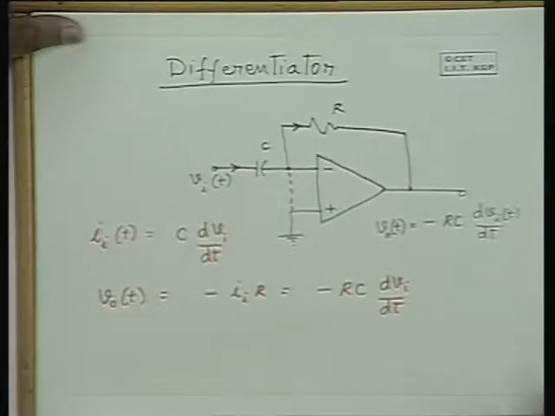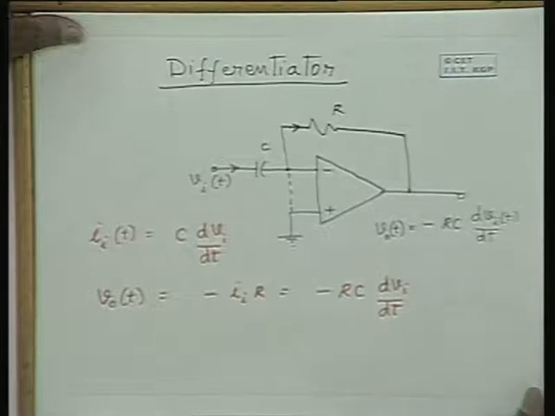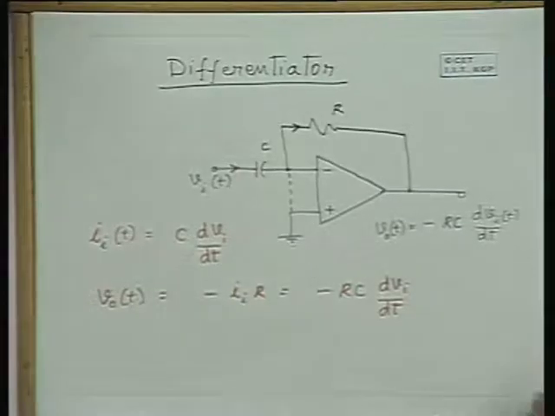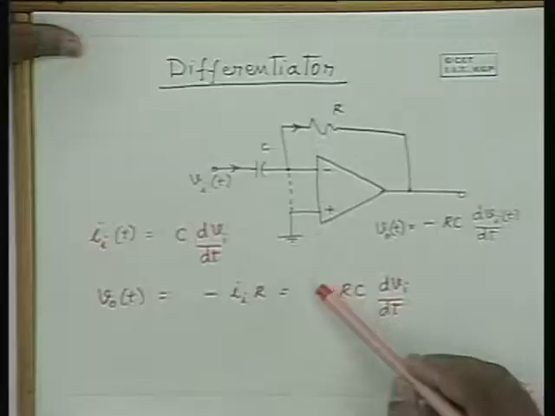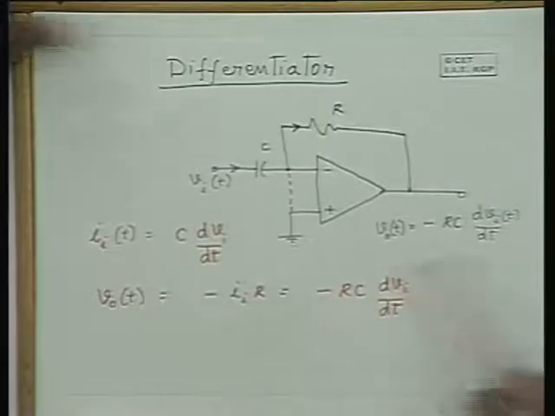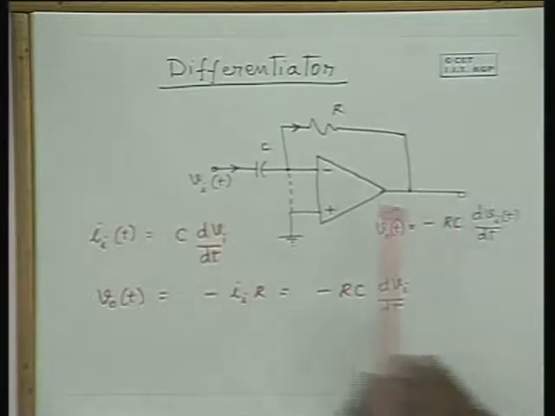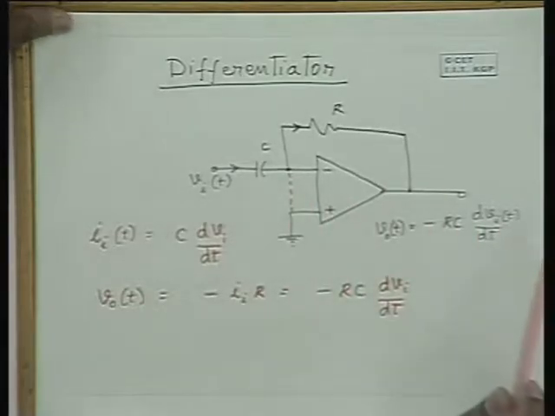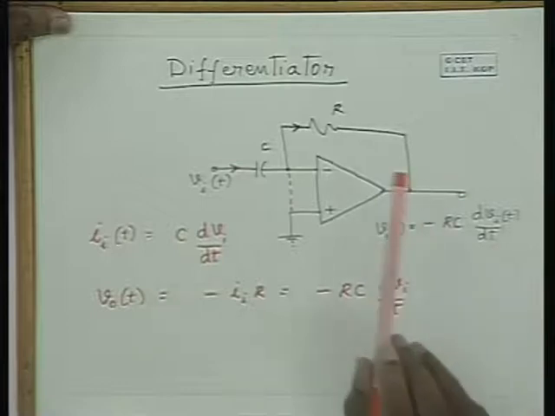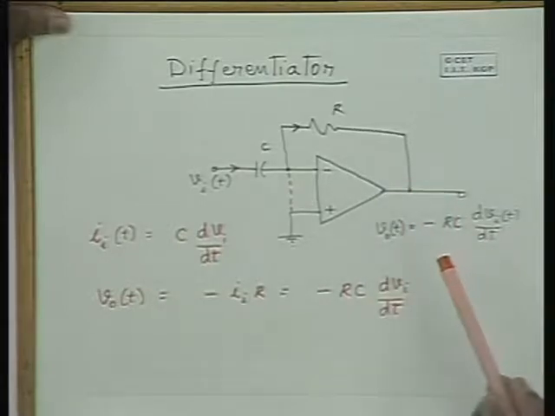Yes, RC can be chosen to be equal to 1 if you want no scaling factor. And if you want positive gain, if you want to remove the negative sign, have another stage with a gain equal to minus 1, or minus 1 by RC.